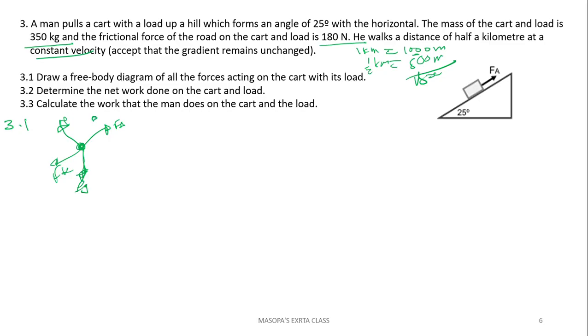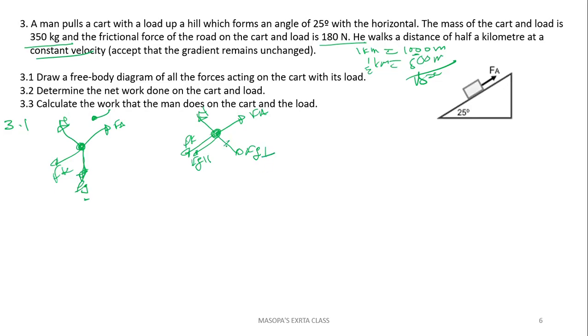Right, this is your free body diagram. Then let's draw the one where you resolve your Fg into each component. So you're going to have Fg, force applied, Fk, Fg parallel, and you have a normal force, and also we have Fg perpendicular.